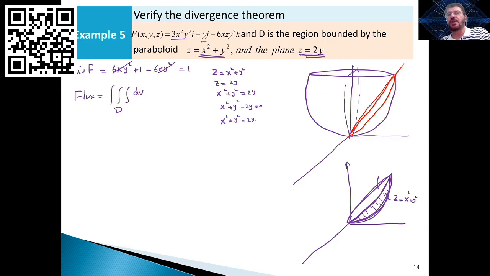Minus y, we add b over 2 squared, and we add 1/4 and subtract 1/4. So you have x squared plus y minus 1/2 squared equal to 1/4. What is this? This is a circle centered at 0, 1/2, with radius 1/2.